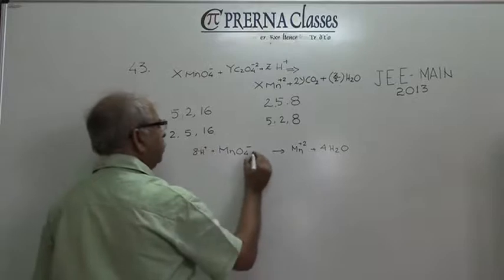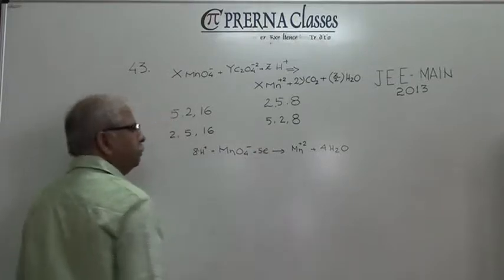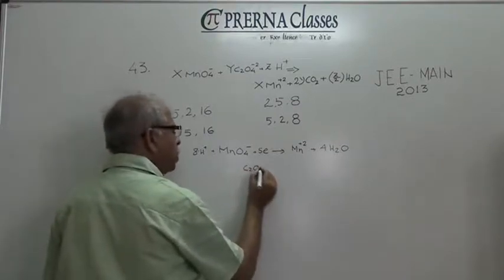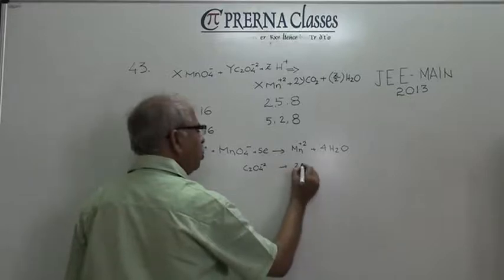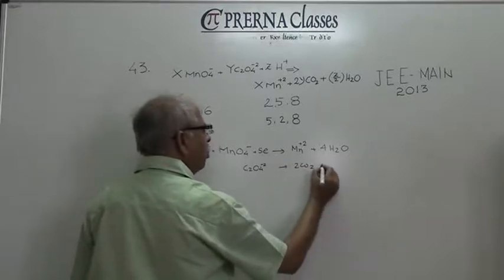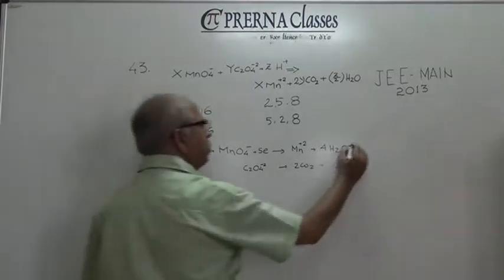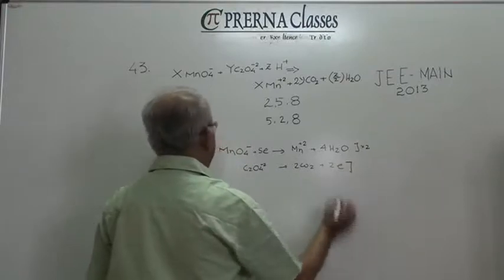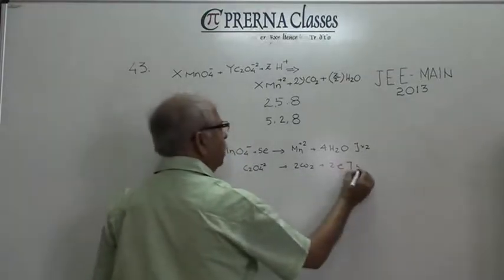So you have 5 electrons on this side. Similarly, oxalate, C2O4 2-, gives us 2CO2 plus 2 electrons. So multiply the first equation with 2 and the second equation with 5.